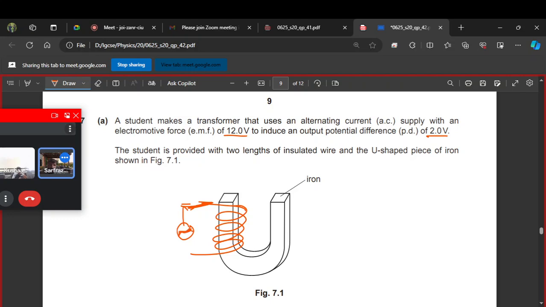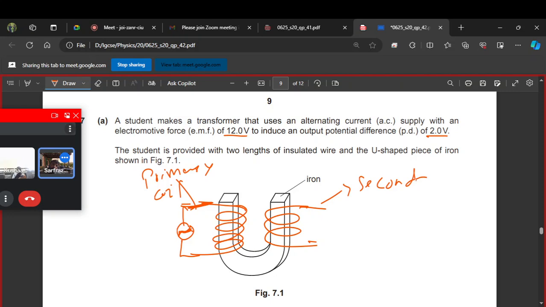This is the symbol for an AC source. You have connected it with this one, and on the other side there is nothing. So this is your primary coil and this is your secondary coil. Okay.